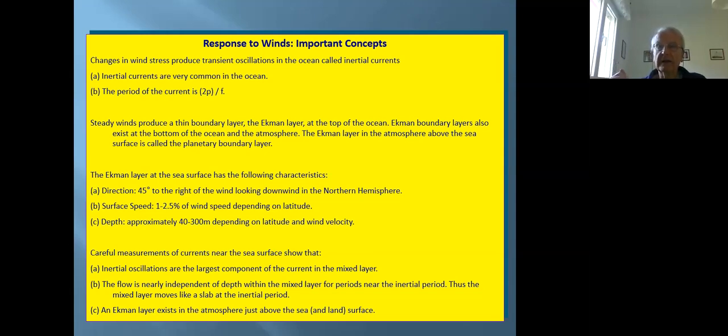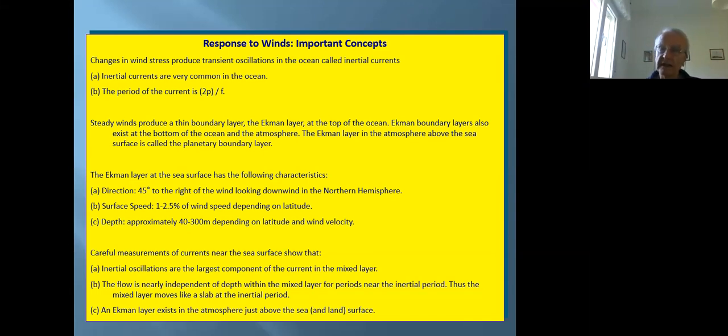On the other hand, we have the response of the ocean to steady wind, which is more important. The response to steady wind is obviously more important than the inertial currents. Inertial currents are very limited in time and space, so they don't contribute much to the redistribution of water masses in the ocean.